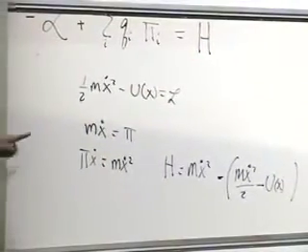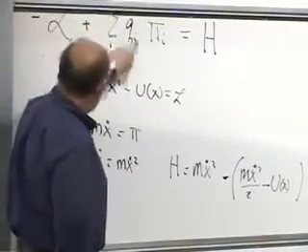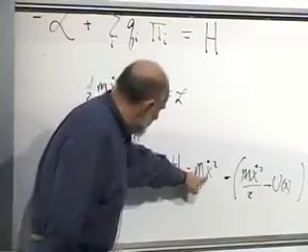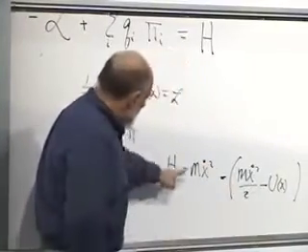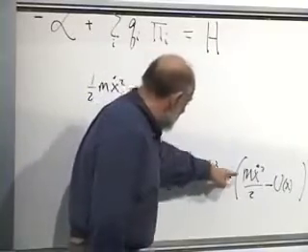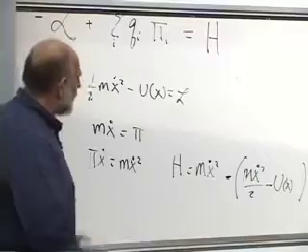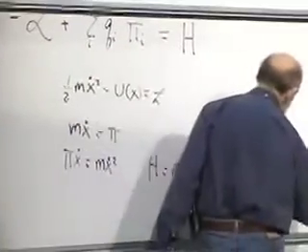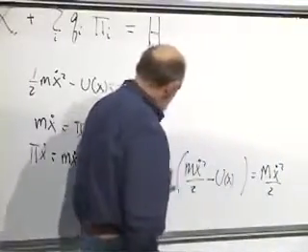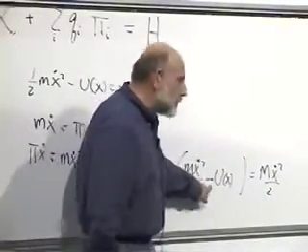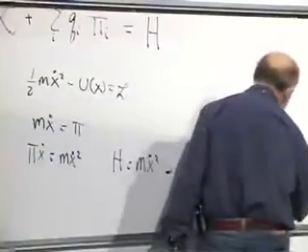So one term comes from the pi q dot, that's mx dot squared, and then we subtract off the entire Lagrangian. Notice what happens. What's mx dot squared minus mx dot squared over 2? It's just mx dot squared over 2. Notice we're subtracting minus u of x. That means plus u of x.